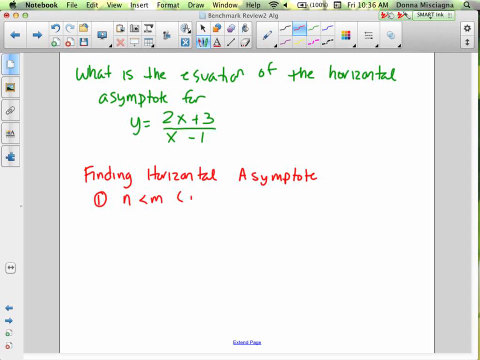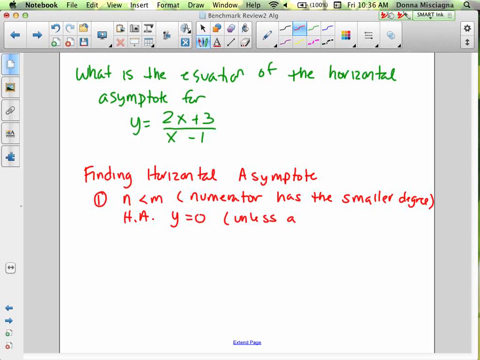In other words, numerator has the smaller degree. It really doesn't matter if you call them m or n, but as long as you remember that the numerator has the smaller degree, the horizontal asymptote is y equals 0, unless a value is added in.